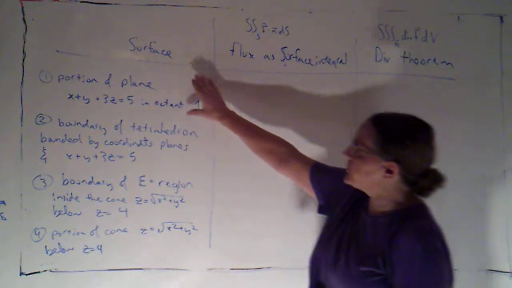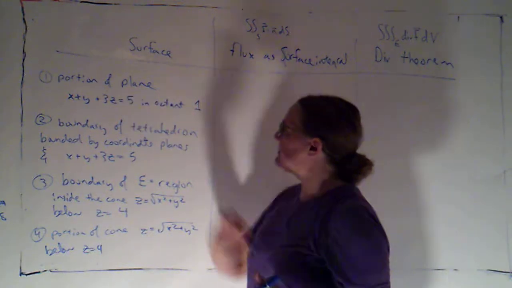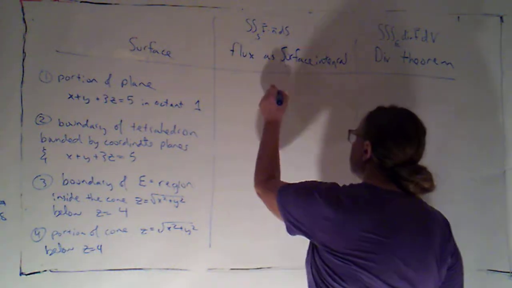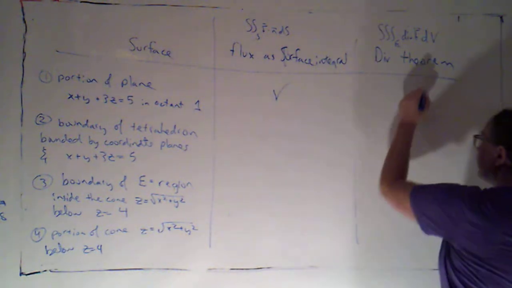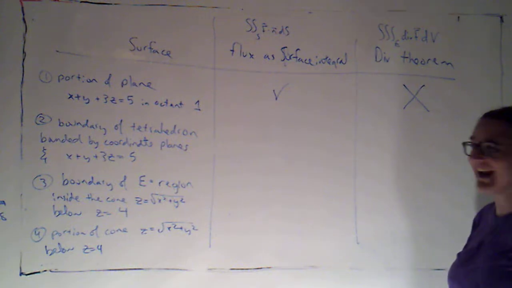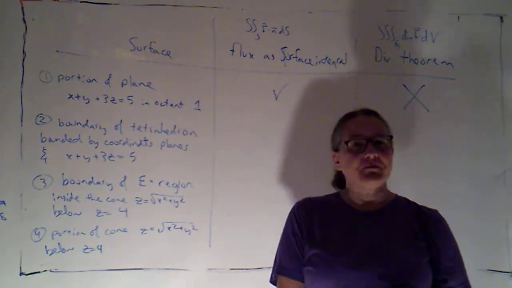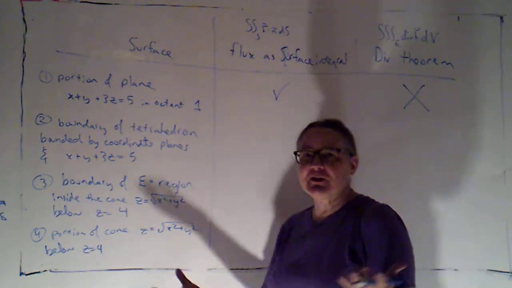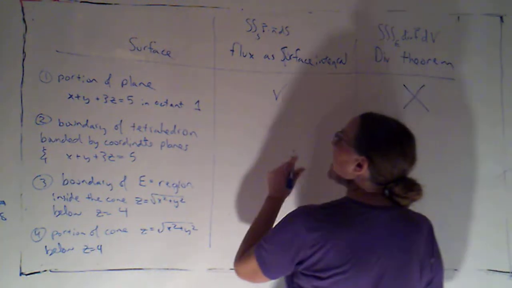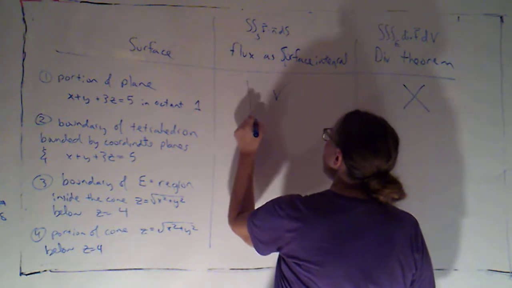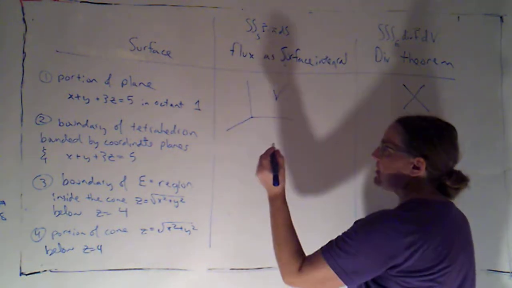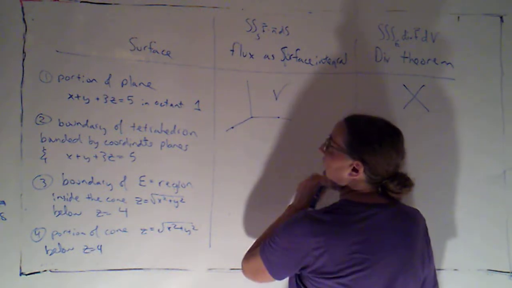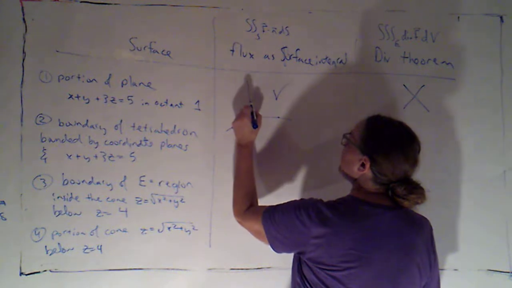My first surface is the portion of the plane x + y + 3z = 5 that lies in octant 1. Is it the boundary of a solid? No. That portion of the plane isn't the boundary of anything. It doesn't fully enclose anything. My x-intercept is at 5, my y-intercept is at 5, my z-intercept is at 5/3.